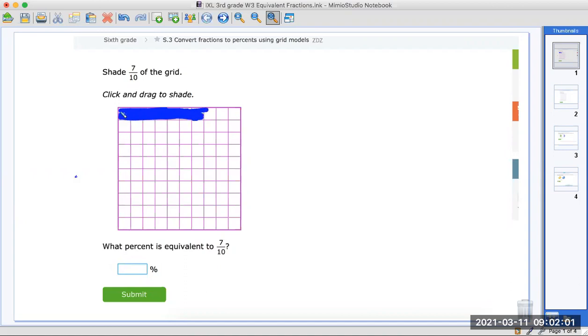So that's 7. But you have to do the whole grid. So you have to do 7 from each row from the whole grid.